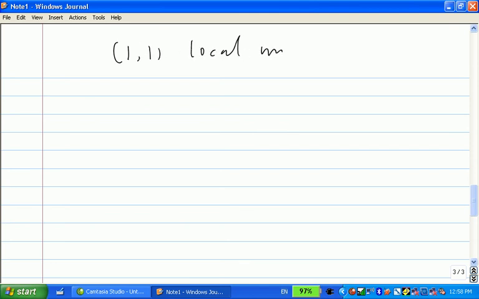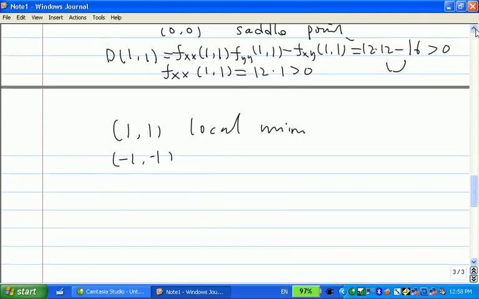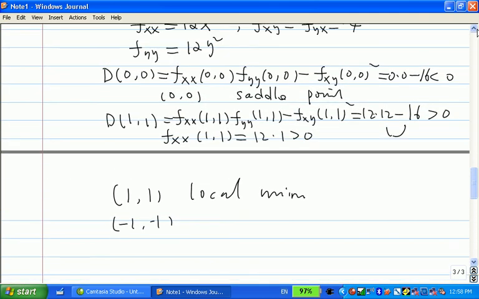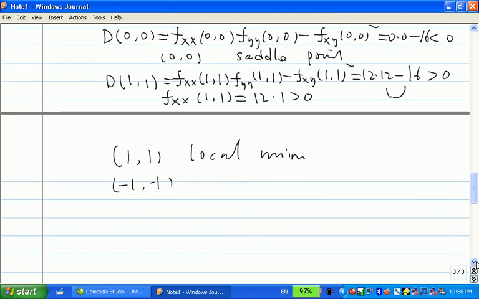A local minimum. Similarly, you can check the point (-1,-1) is also a local minimum, because you got x squared.